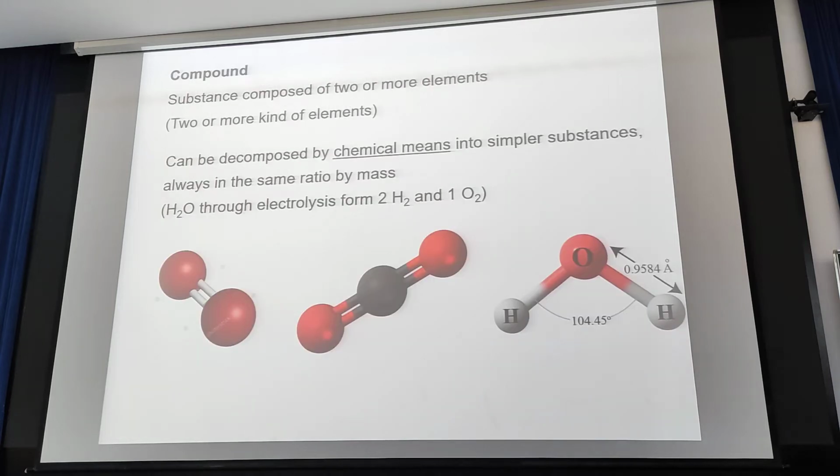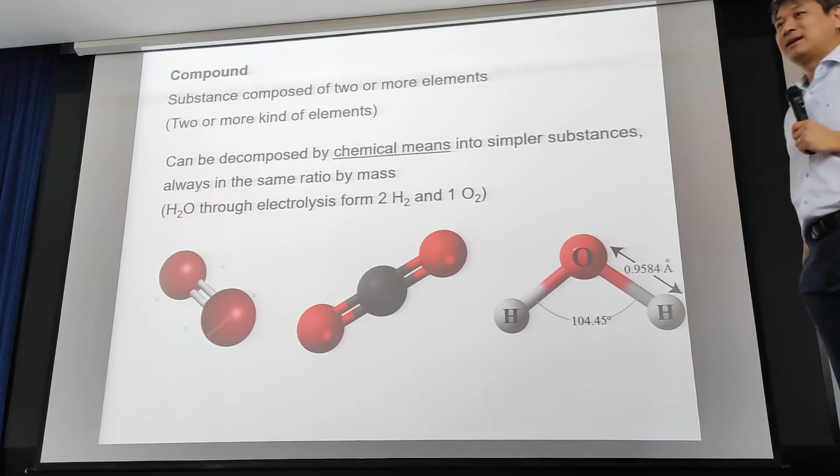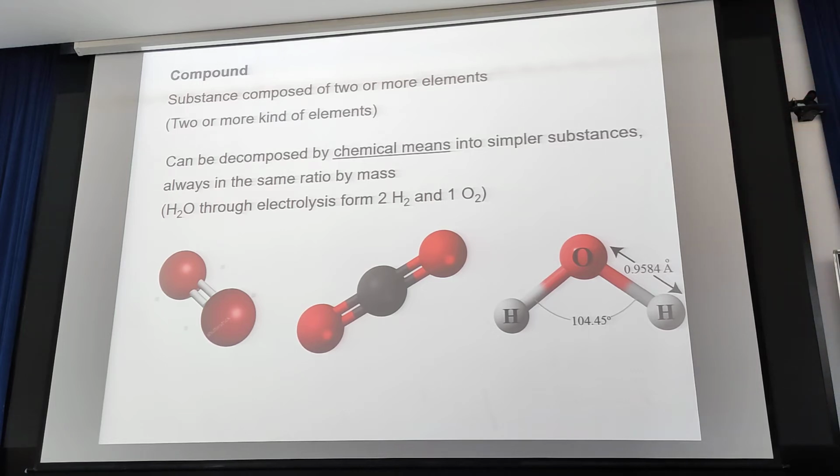So next, the compound. The compound by definition is a substance composed of two or more kinds of elements. It can be decomposed by chemical means into similar substances in the same ratio of mass. Let's say water, H2O, through electrolysis always produces hydrogen and oxygen with the ratio 2 to 1. Okay? So please read the definition before we go to the question.